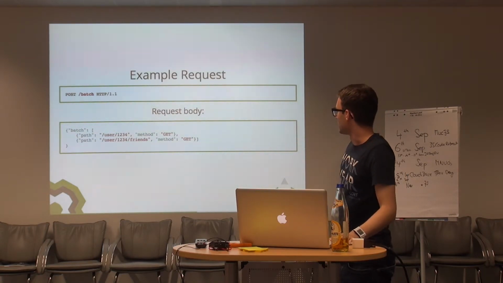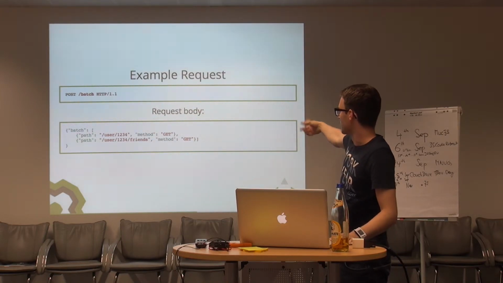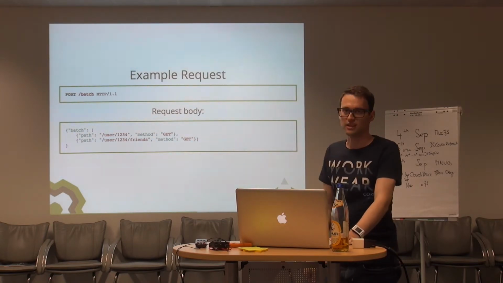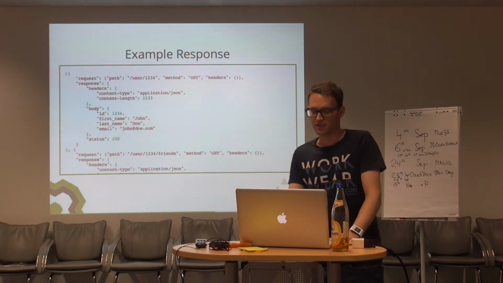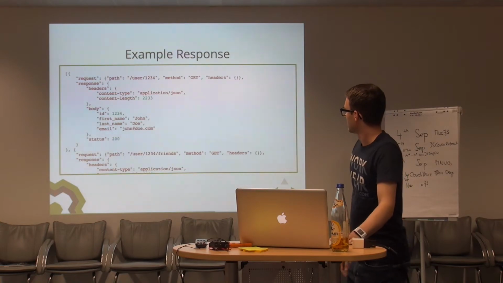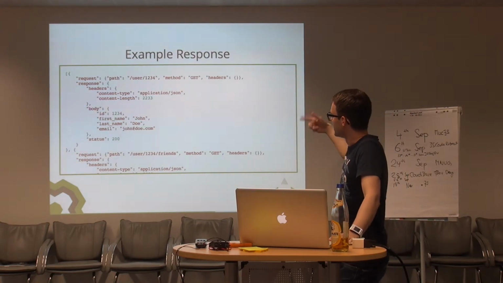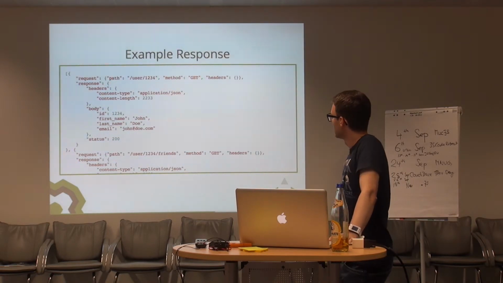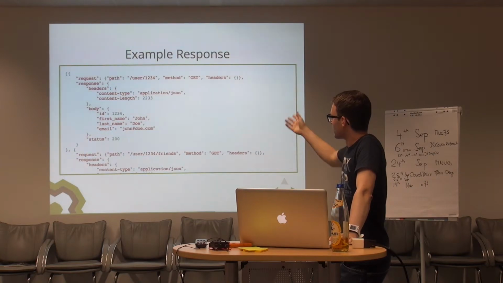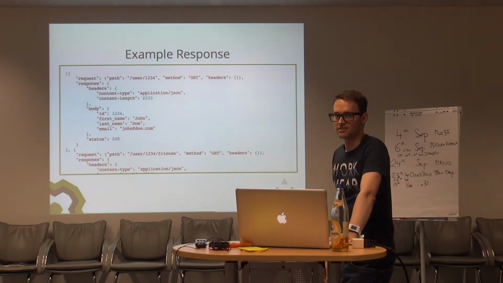You could also specify here that you want to have a POST request, and then the body object would be in that JSON body too. And the response then would look like this. Just for convenience, we repeat the request object, and it's just a list of all the responses. They contain the header and the body and the status code.